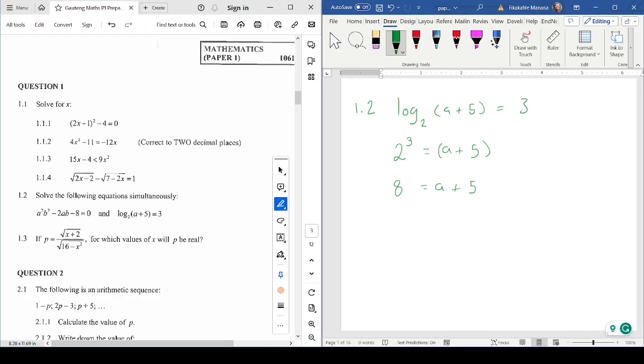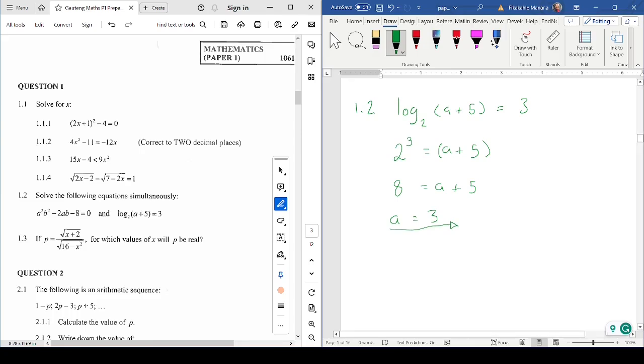I just simply take the 5 to the other side. It becomes negative. Therefore, my A is equal to 8 minus 5, which is 3. Go ahead, underline it. That answer is complete.